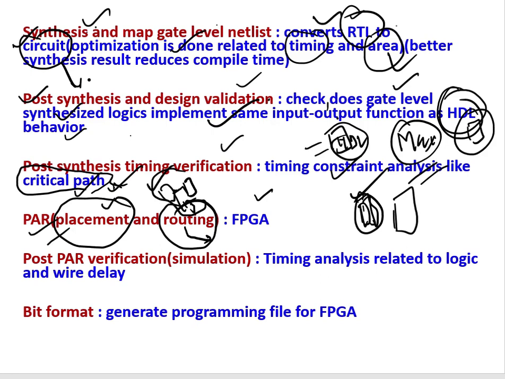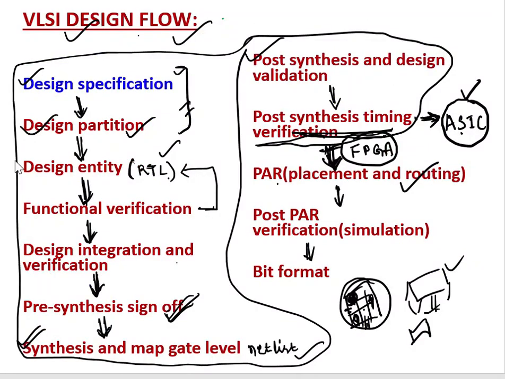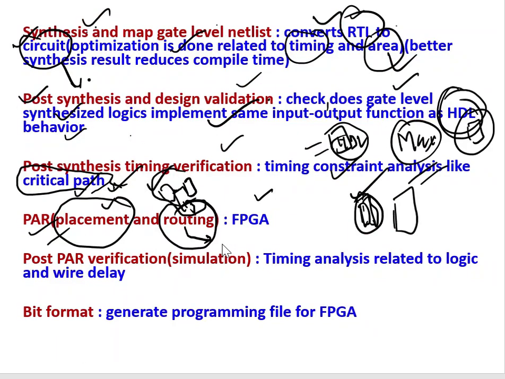And then the next step is post placement and routing verification. What is this all about? This is timing analysis, and it is all done by the tools. You don't need to do this one. It is related to logic delay and wire delay.